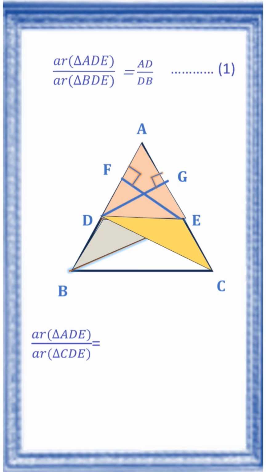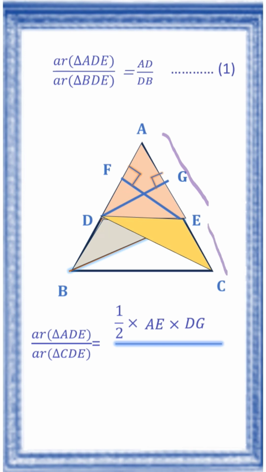Area of triangle ADE is half into base, now the base is AE, into height DG, upon area of triangle CDE. Base is CE. So half into CE into height DG. Here half and half get cancelled. DG and DG get cancelled. So area of triangle ADE upon area of triangle CDE is equal to AE upon CE. Let this be equation number 2.